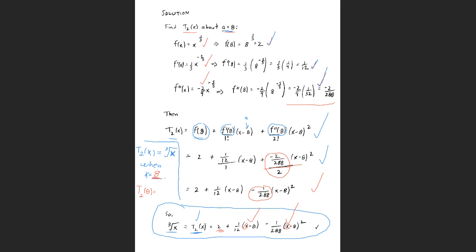So T sub 2 of 8, the second degree Taylor polynomial evaluated at x equals 8, will equal 2, and that is equal to the cube root of 8.